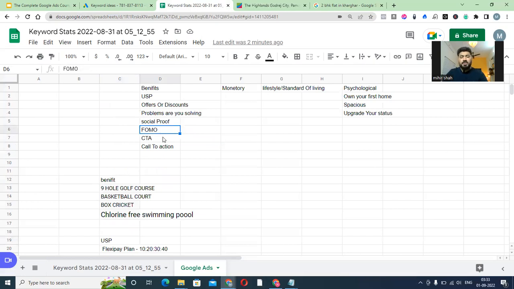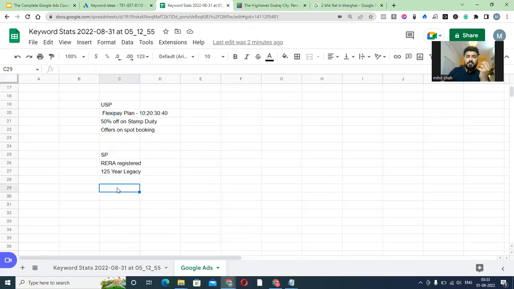FOMO, like I said, so we can talk about houses filling fast, only 10 houses left, etc. So FOMO is, with respect to 10 houses left, 20 houses left. So we can talk about what they will miss if they don't get this. So we can talk about things like, don't miss this once-in-a-lifetime offer, once-in-a-lifetime discount.